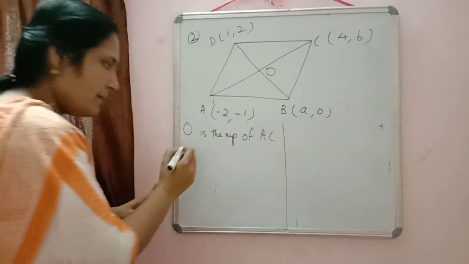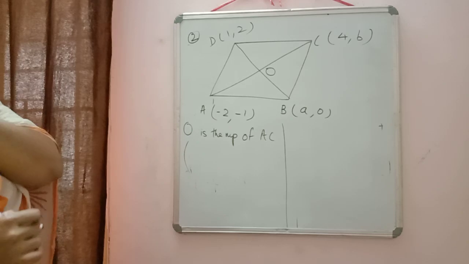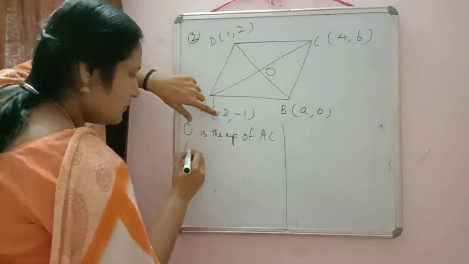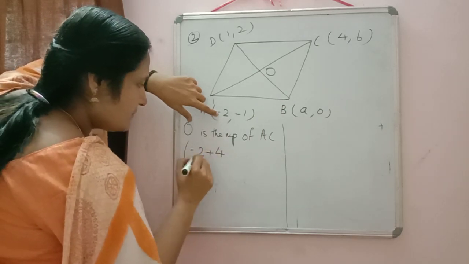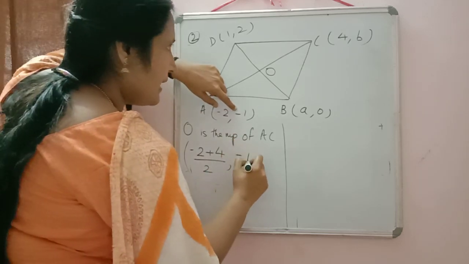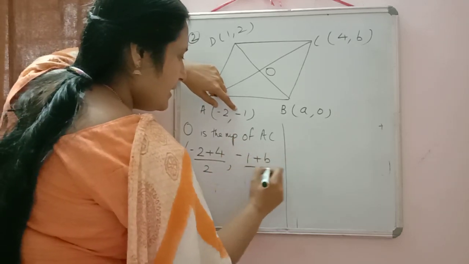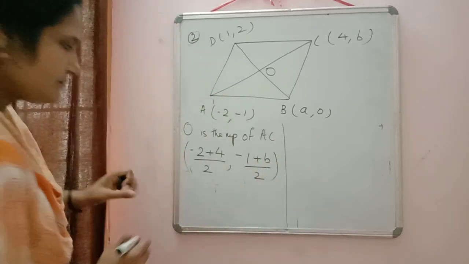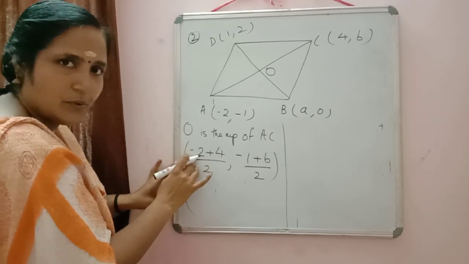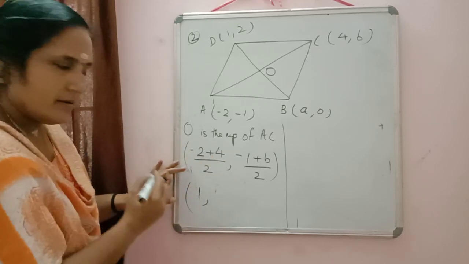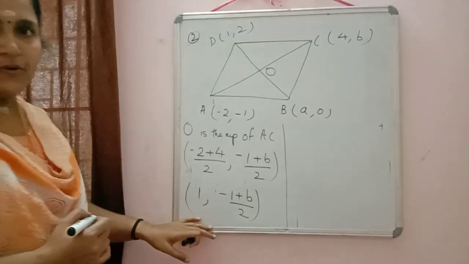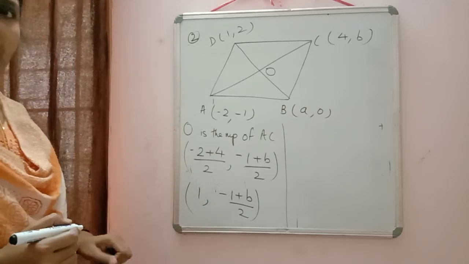So using that concept, we will check what will be the x coordinate and y coordinate of O. So (x1 + x2)/2 = (-2 + 4)/2, and the y coordinate will be equal to (-1 + b)/2. 4 minus 2 will be equal to 2, 2 by 2 is 1. And here we are getting (-1 + b)/2, when we took O as the midpoint of AC.